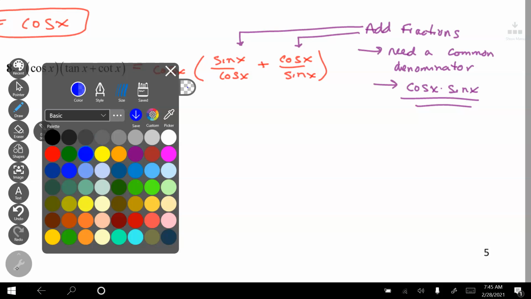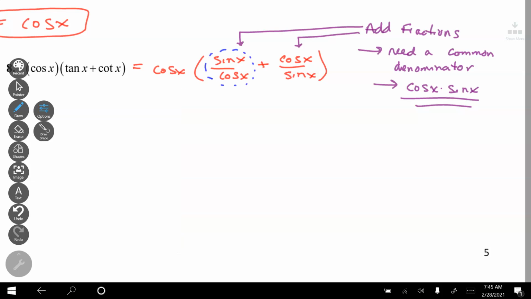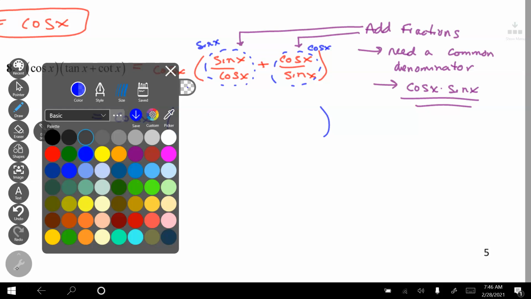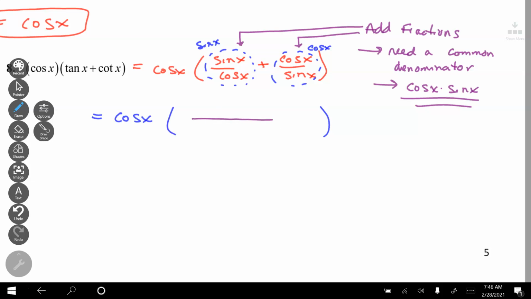That's my common denominator for this problem. So that means I probably need to multiply this fraction by sine of x and this fraction by cosine of x. So when I rewrite this problem, I still have this cosine of x in front, and inside my parentheses I have a common denominator of cosine of x times sine of x, and the first numerator will be sine of x times sine of x, which is sine squared of x, plus, and I get cosine squared of x.